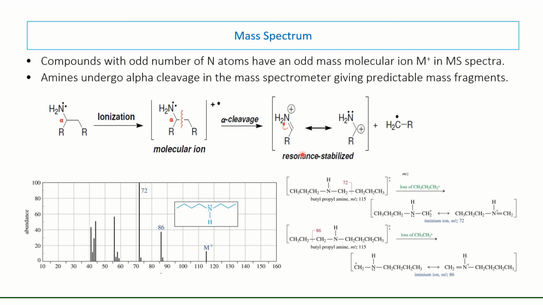One thing you've got to remember about the mass spec, terribly important, I should point out, is if you have an odd number of nitrogen atoms, you usually have an odd molecular mass. So if you see an odd molecular mass in this course anyway, then usually, we're only going to give you something with 1 nitrogen in it, so usually there is an amine involved, or at least 1 nitrogen involved in the compound.